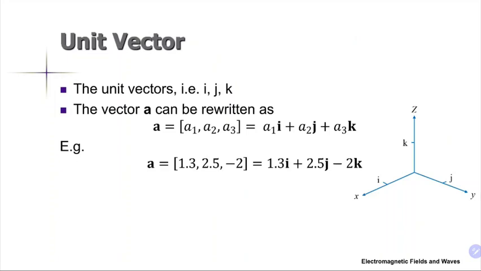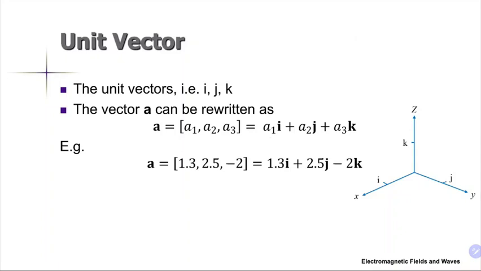Unit vector. Okay, so for unit vectors, I think in maths you use i, j, and k. That implies that i is a unit in my x-axis, j is a unit in my y-axis, and k is a unit in my z-axis. So normally we associate a unit vector with a value of unity, 1.